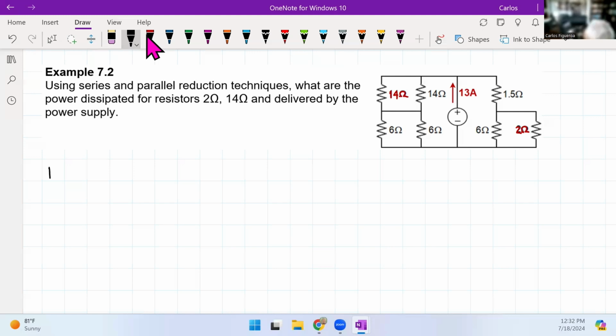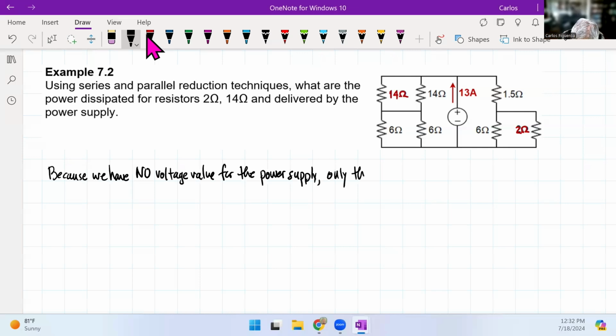So because we have no voltage value for the power supply, only the current value at 13 amps, using the current divider rule is the best option.